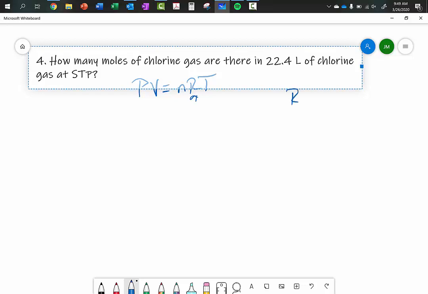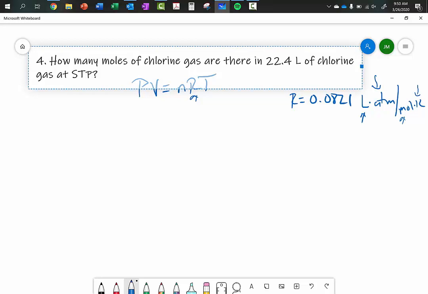I know that R is going to equal 0.0821 and that it has a very specific unit of measurement, which is liters times atmospheres over mole Kelvin. So everything I work with in this equation, my volume has to be in liters, my pressure has to be in atmospheres, I have to use the mole, and my temperature has to be in Kelvin for this to work.